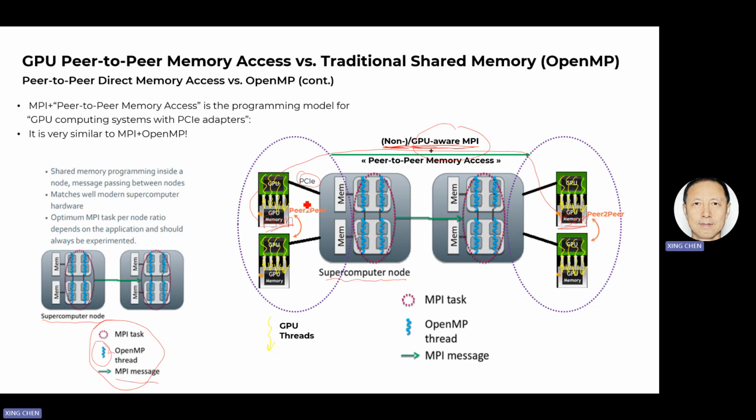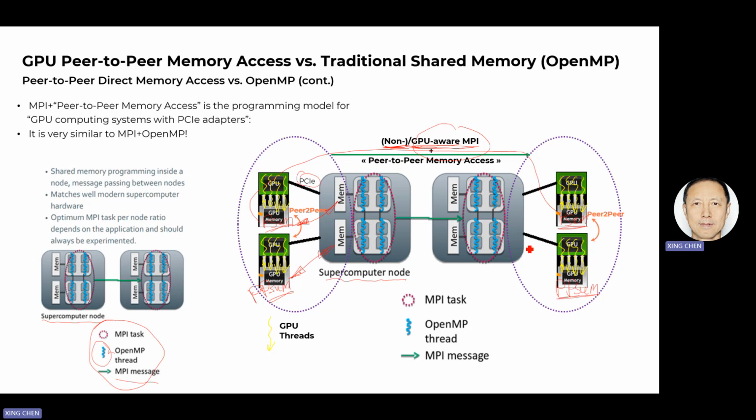But anyway, what you need to do as a programmer is, when you have to do the communication, copy the data from the GPU memory to the CPU memory, and then call this non-GPU-aware MPI library to have this communication happen.